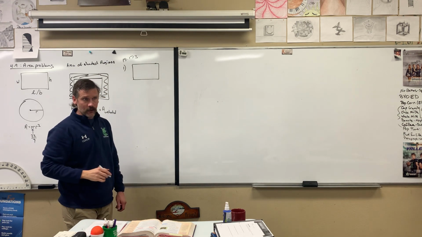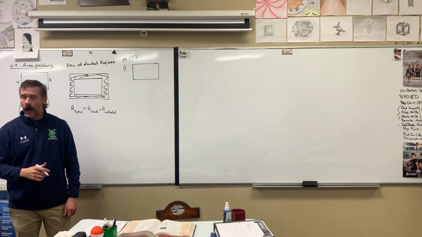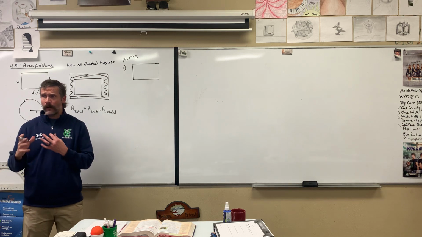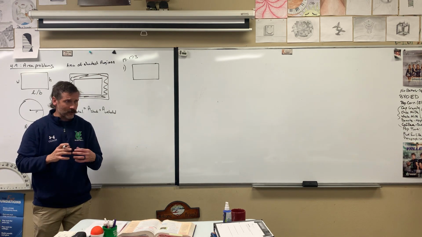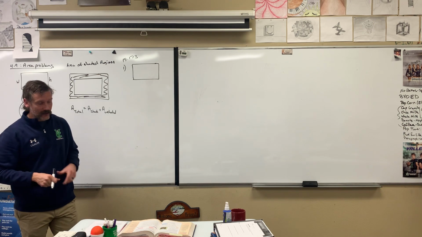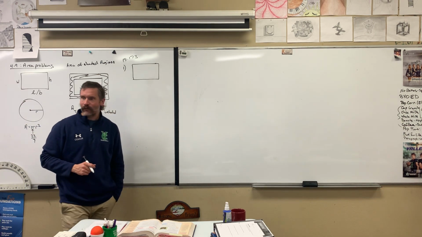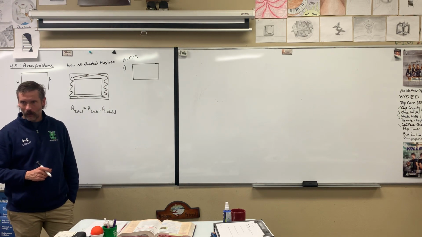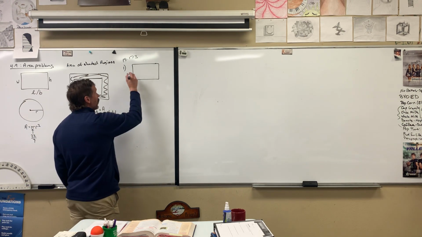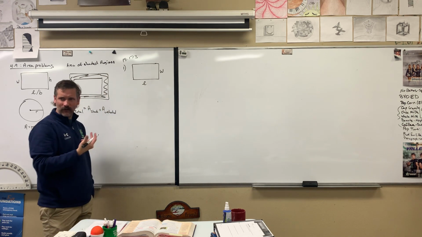We could write length and we could write width, and that's true. Our goal though is to have a few variables, or one variable if possible. So let's look at the information. It says a rectangle is 3 times as long as it is wide. So we could write length and width, but then we have 2 variables.